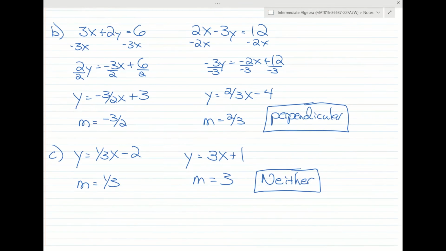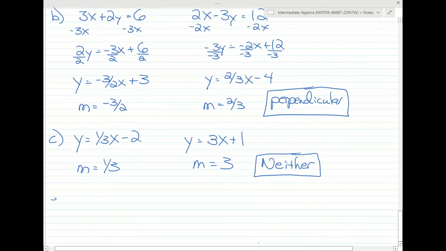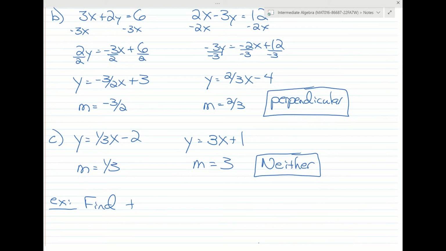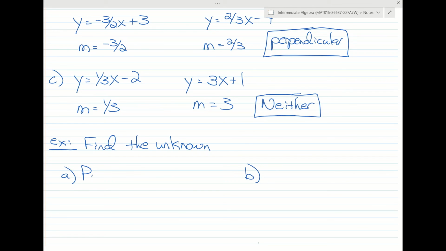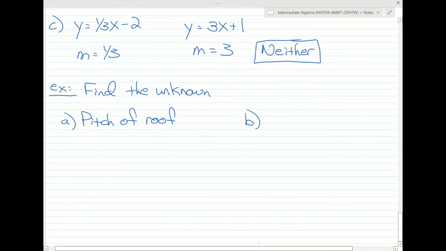We're almost done with this section. Last type of example, I'll just ask you to find the unknowns. What if I ask you to find the pitch of a roof? And the house looked like this.